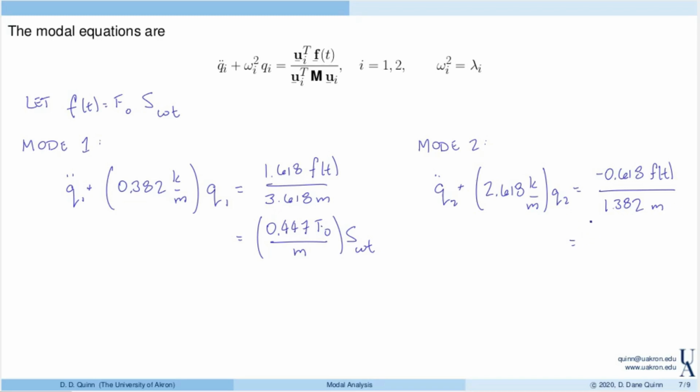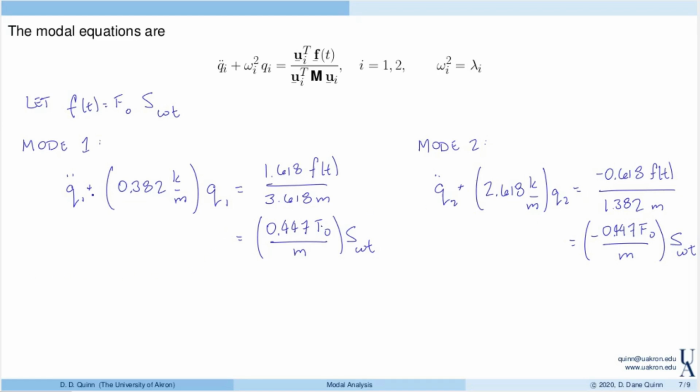So this reduces to minus 0.447 f naught divided by m sine omega t. It just so happens that these modal forcing terms in this problem have equal magnitude and opposite sign. In general, that's not true. Like I said, it just happens in this problem that it works out this way. So don't expect this to be true for all the problems that you may solve.